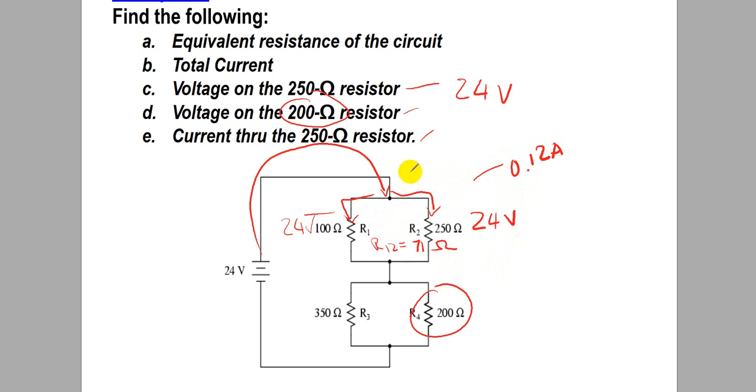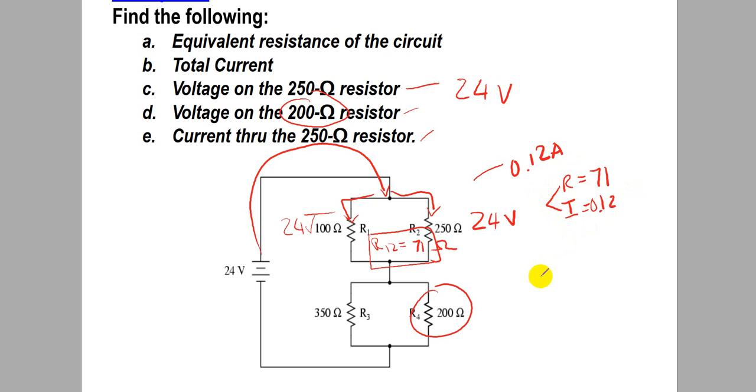So now that's all we need for this. The combined resistance R is 71. I is 0.12. That is all we need.